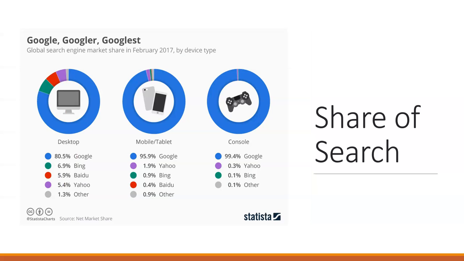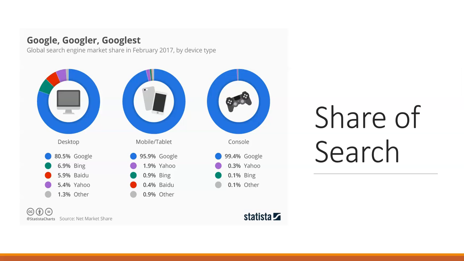This is another example of share of search. So this is actually search engine market share by device type. So what search engines are people most likely to use on various devices? So a desktop computer, we see that Google is the top, followed by Bing, Baidu, Yahoo, and then other.